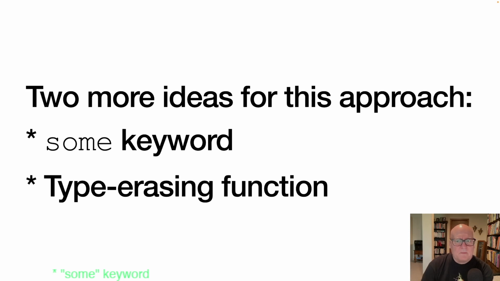So the two ideas I have, they're both a little out of my normal range, so we'll see what happens. One is that Swift added this keyword called some, and we'll look at what it does in SwiftUI, but basically it tries to say, I know you're going to return some complicated type, but I just care about the top level type of it.